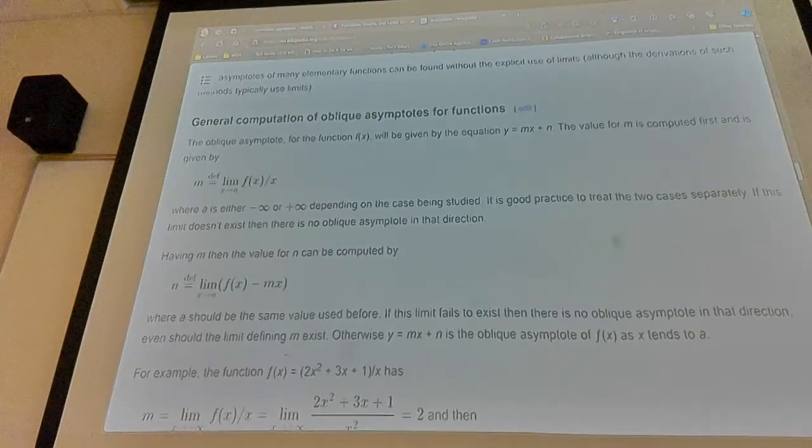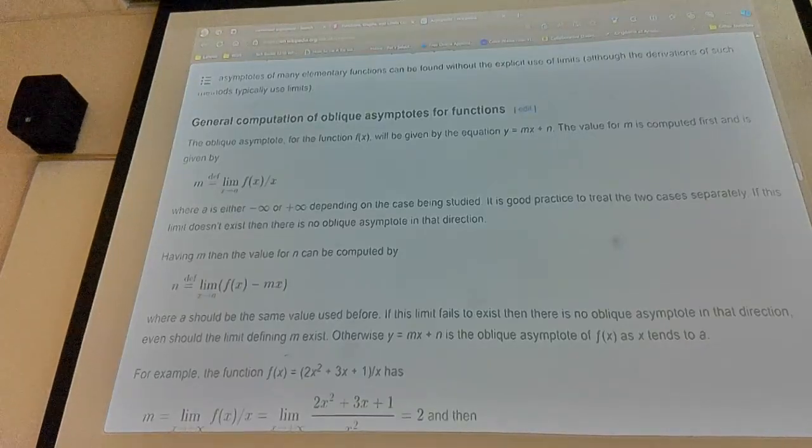Long division. Unless it was a linear divisor, then you could use synthetic, but we're just going to stick with division in general. Polynomial long division. Your slant asymptote was the quotient you're left with. You ignore the remainder.